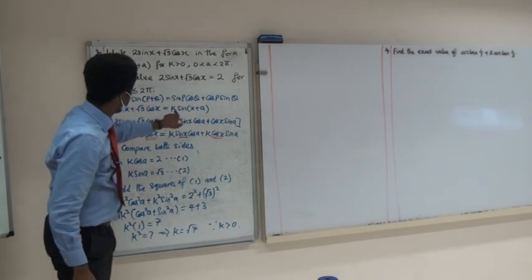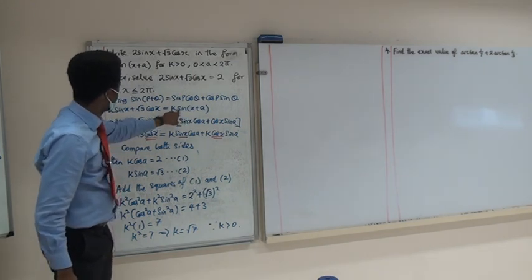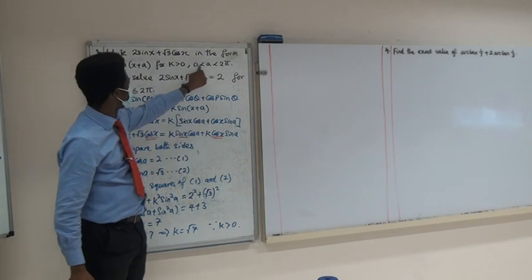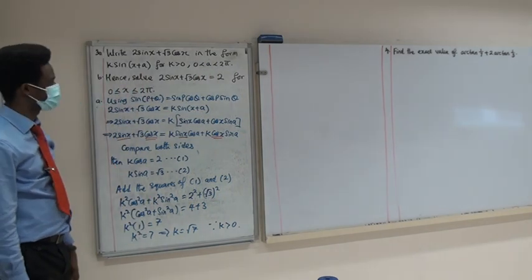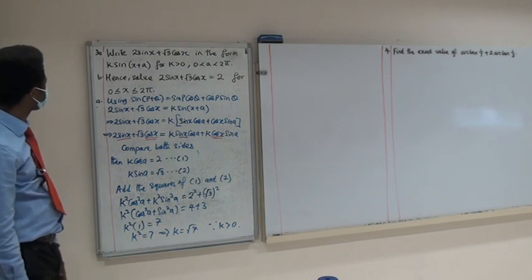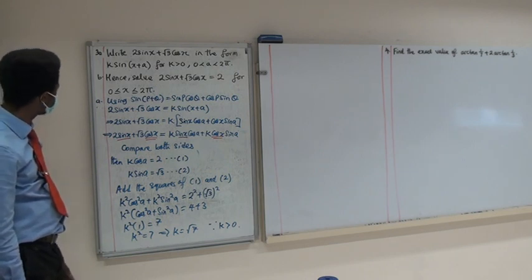Now we have found k. Now we need A, which is in this range of values. So for A, there might be two possible values.